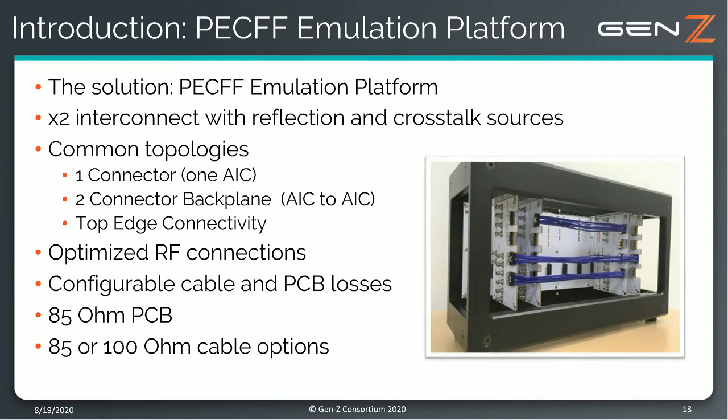For the platform, we want to have configurable losses for the cable and the PCB interface to test different scenarios. We design it for 85 ohms to match the connectors, and we entertain that the cable could be different impedances. We could interchange 85 ohm cable, interchange 100 ohm cable, and test for the performance and think about what's optimal. Maybe even something in between. A 92 ohm could be on the table too.